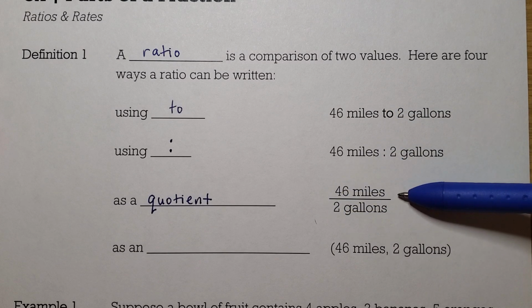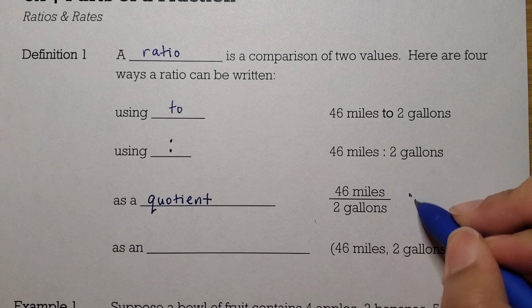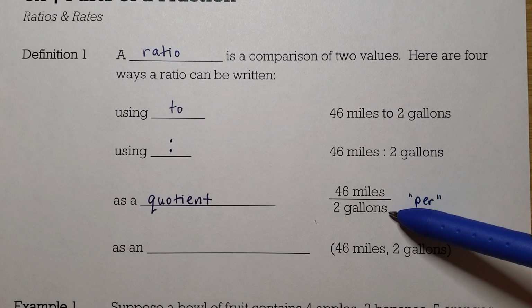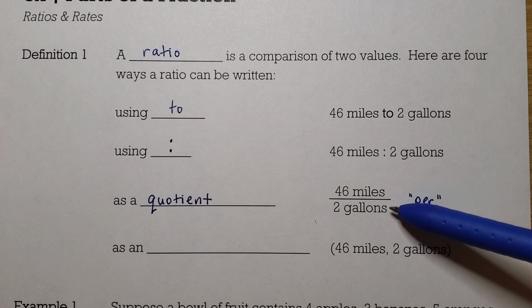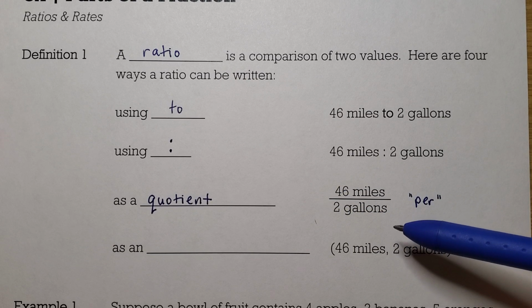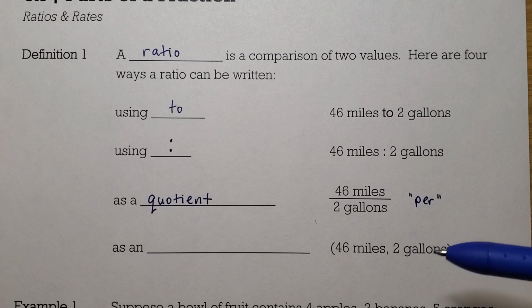The same is true here. I would say this is 46 miles to 2 gallons. Or sometimes you might see the word per. So 46 miles per 2 gallons. That's probably how you might most often hear this. This would be like your gas mileage on your car. How many miles per gallon, or how many miles per hour is your speed.